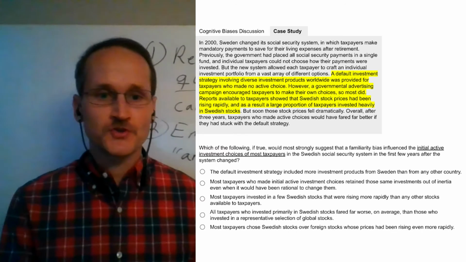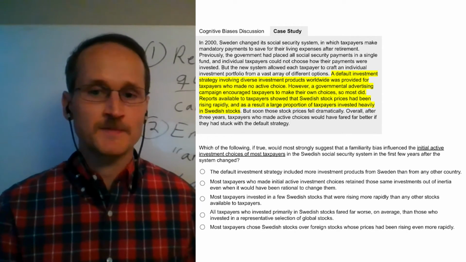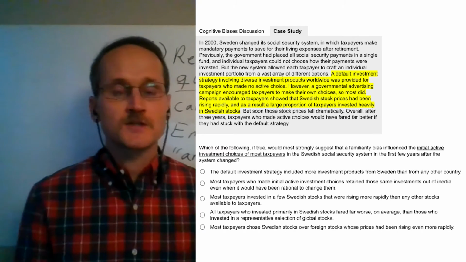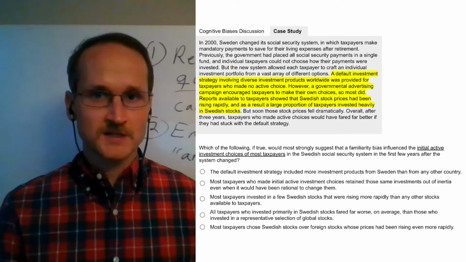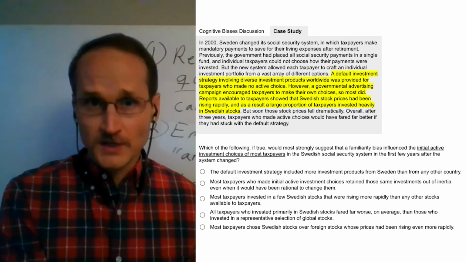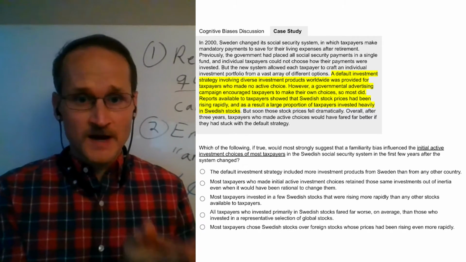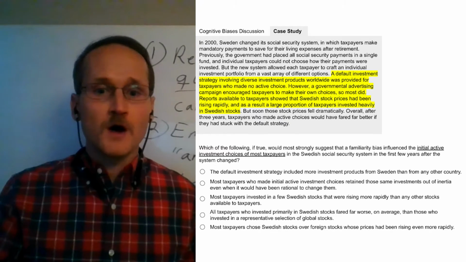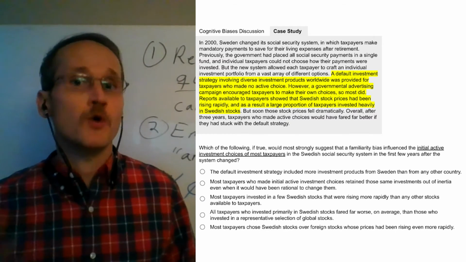Most taxpayers chose Swedish stocks over foreign stocks whose prices had been rising even more rapidly. So in the first question of this set, we talked about how they chose the Swedish stocks because their prices were rising rapidly, not because they were Swedish. This one says, well, there were Swedish stocks that were rising rapidly, but also other foreign stocks whose prices had been rising even more rapidly.